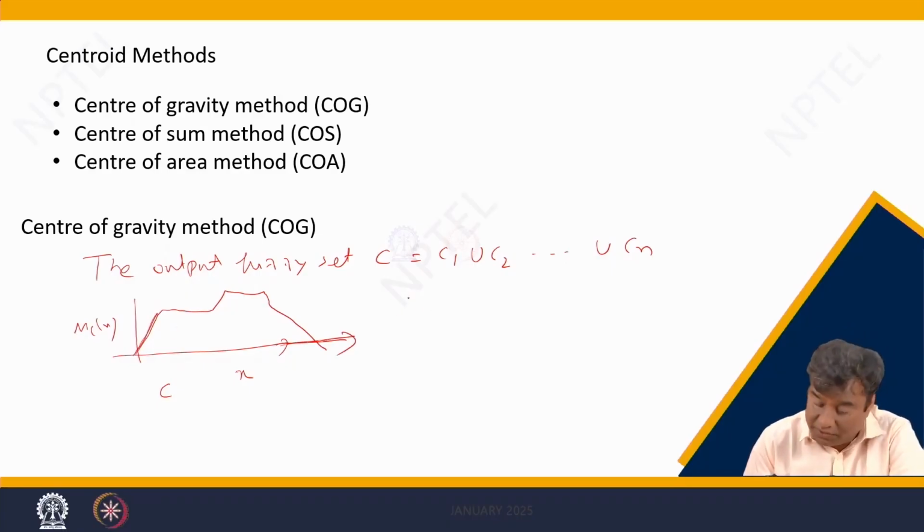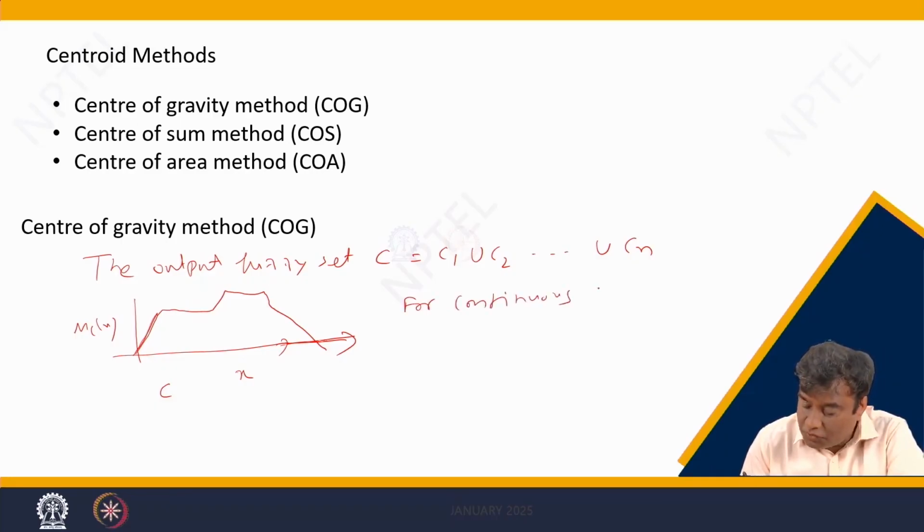So here for the continuous case, x star equal to integration x into mu Cx dx divided by integration mu Cx dx.